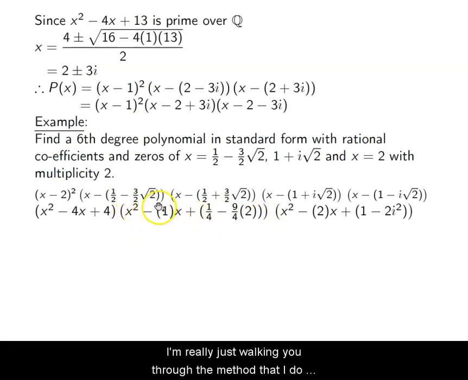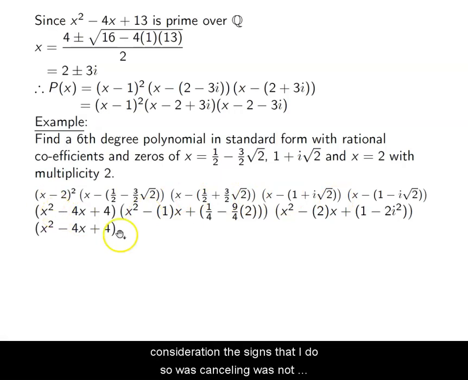So I'm really just walking you through the method that I do so you can try to expand your ideas of how this works. Okay, so again, stick to what you're comfortable with. Don't try new fancy things if it's not going to be super comfortable for you, but that's the way that I'm looking at this. I'm multiplying it in the FOIL order, but I'm taking into consideration the signs as I do so, and what's canceling and what's not, basically.